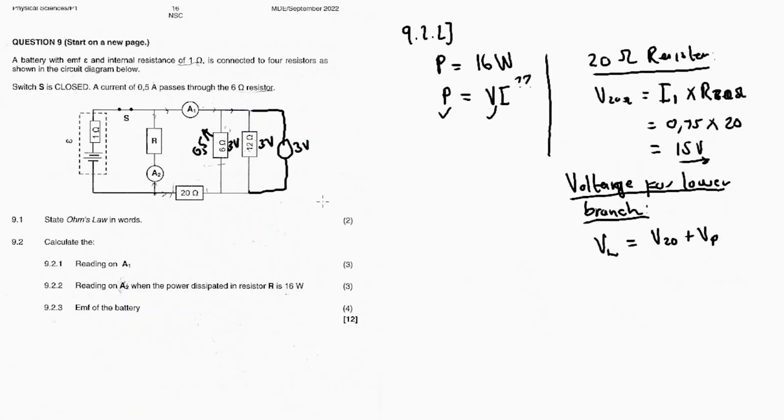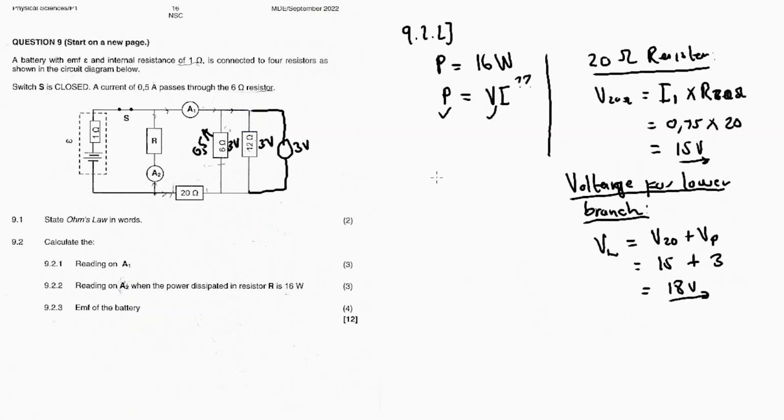Remember, the parallel connection and the 20 are in series, and in series the potential difference is divided. So for the 20 it's 15, plus for the parallel connection it's 3. 15 plus 3 is 18 volts. So this is our answer.